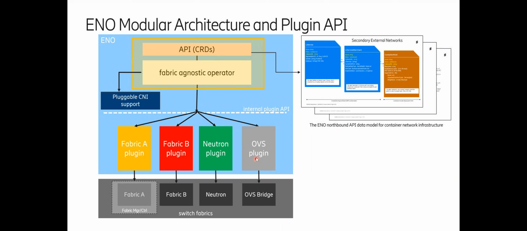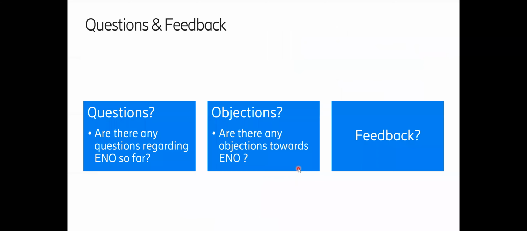The plugin itself is still work in progress, but I put the link in the meeting notes if somebody wants to take a look. So that's the overall architecture. Any questions or feedback, any objections to doing it this way?